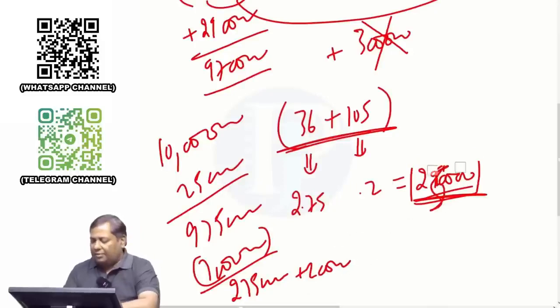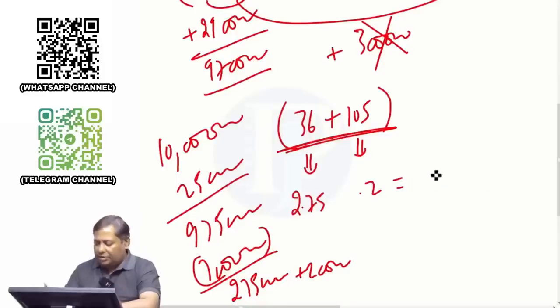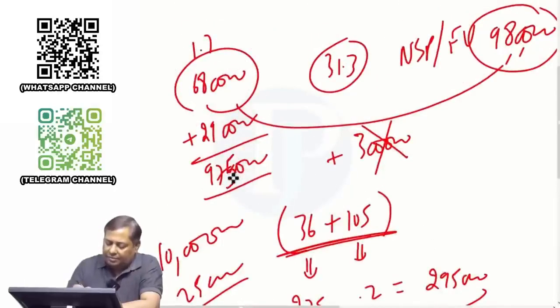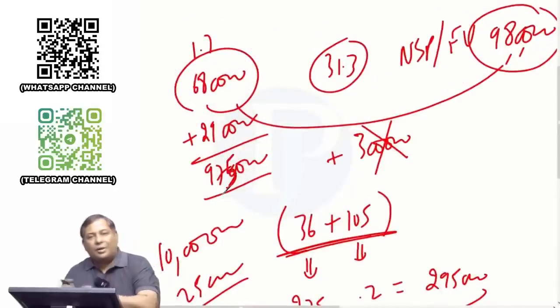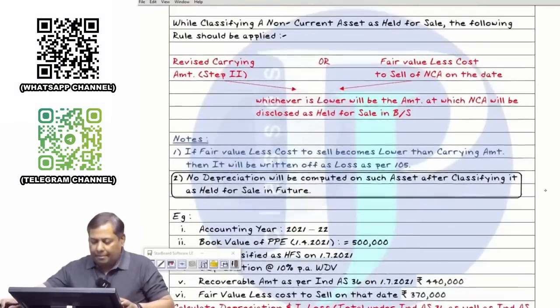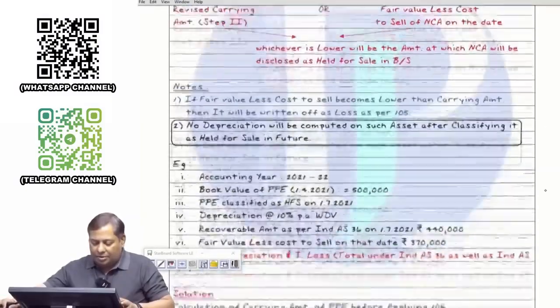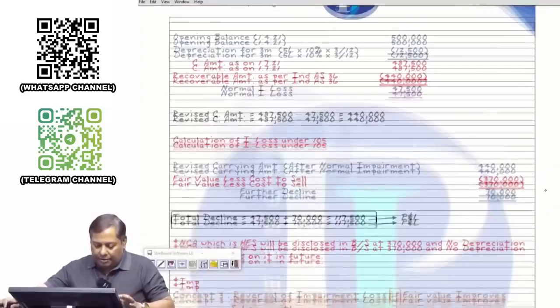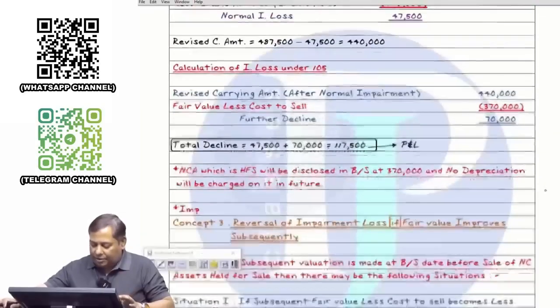It can be reversed to 290 or 295, as much as we had written off. You can go up to 975. This was the concept. This is the third step. This is the complete story and example. The example has been completed.